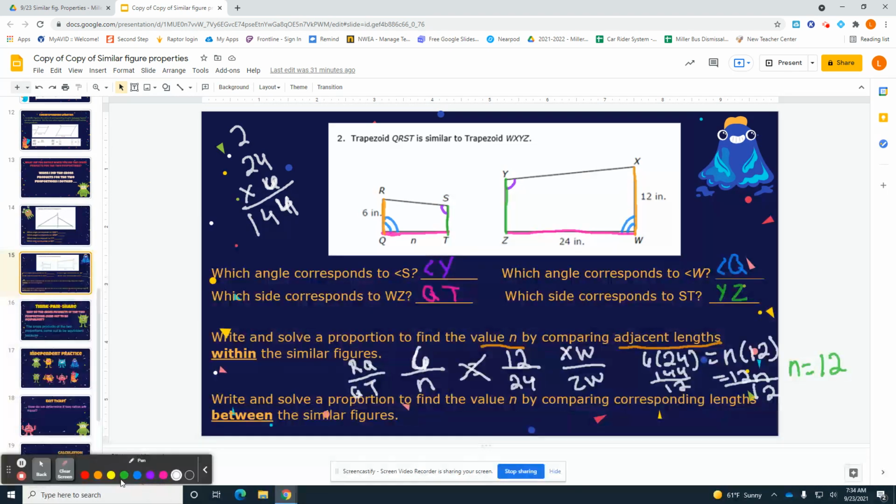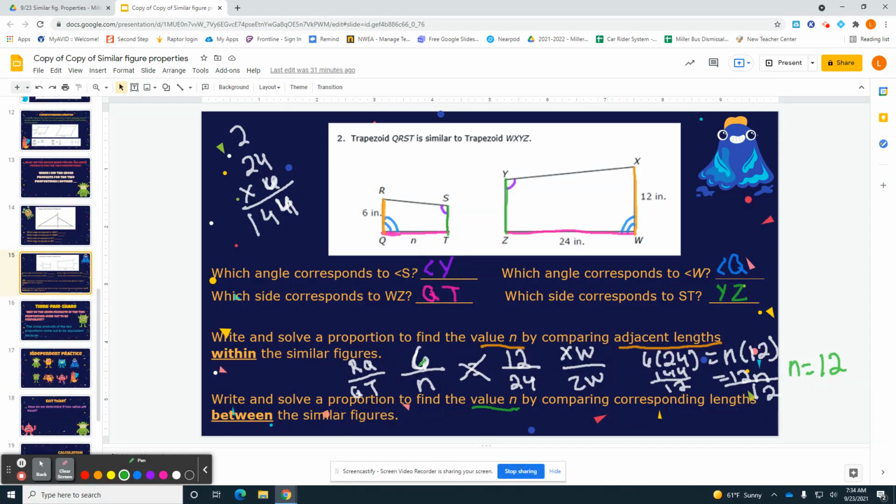All right, so now we're going to do this next section. I'm going to write in a different color. It says write and solve the proportion to find the value of n by comparing corresponding lengths. So now instead of adjacent sides, which are within the same shape, so I had 6 over n and 12 over 24, I'm going to compare corresponding sides.